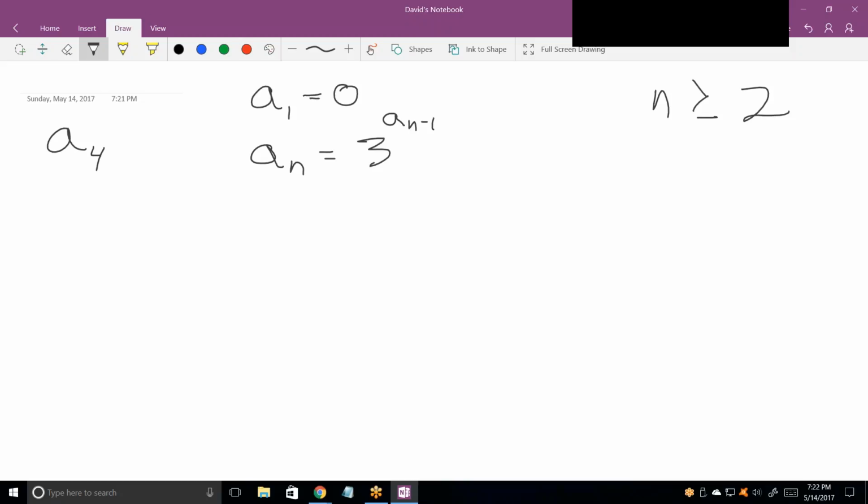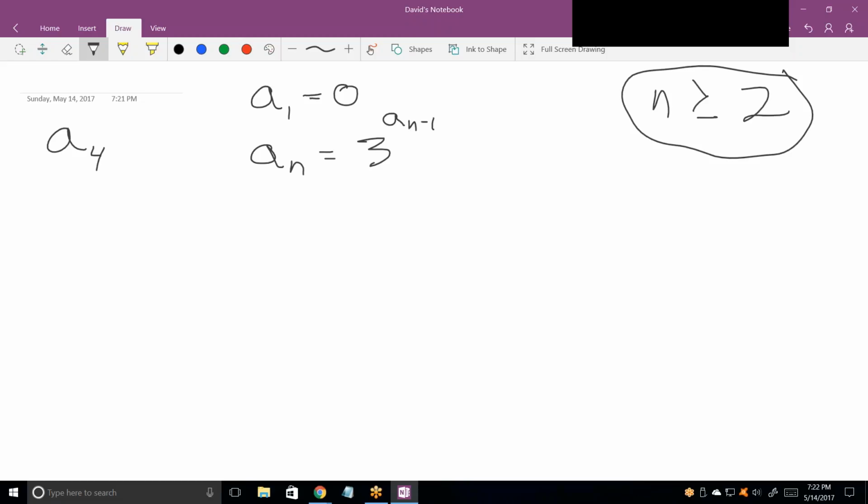Notice why that is. If n is 1, what's a sub 0? We don't have an a sub 0, so you can't refer to the previous term if n is 1. So a sub 1, they're telling us, is 0.